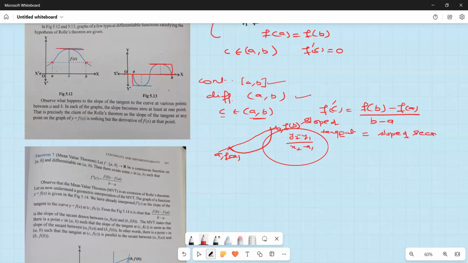Why am I calling it a secant? I am not taking it as a chord, but any line cutting the two points. So this is Lagrange's mean value theorem.